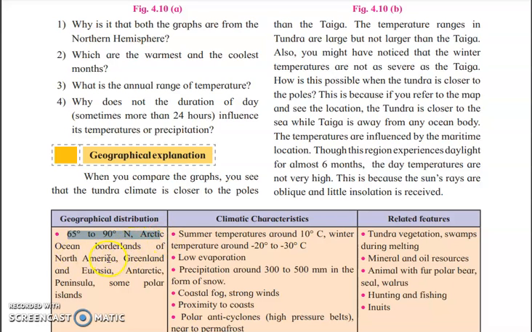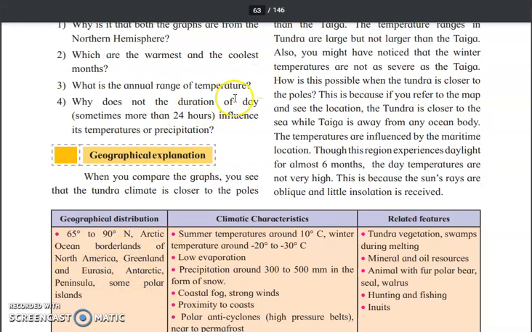The Arctic area, North America, Greenland, Eurasia, the Antarctic Peninsula, and some polar islands are part of the tundra climate. It is only in the north direction that you should keep in mind. North America and Greenland are on the northern side near the poles.